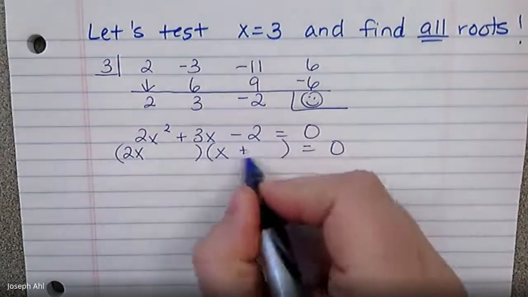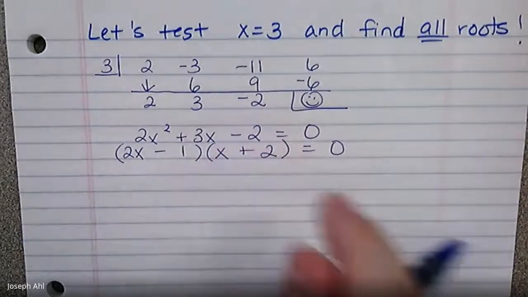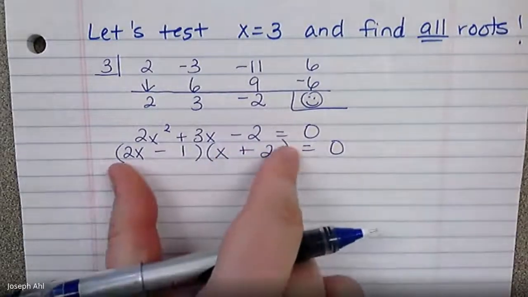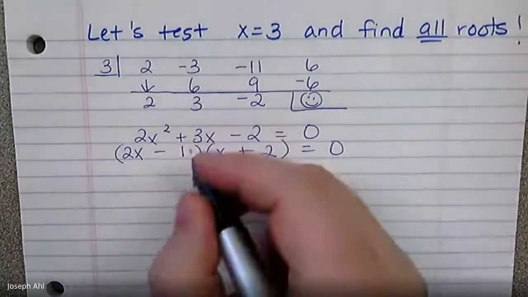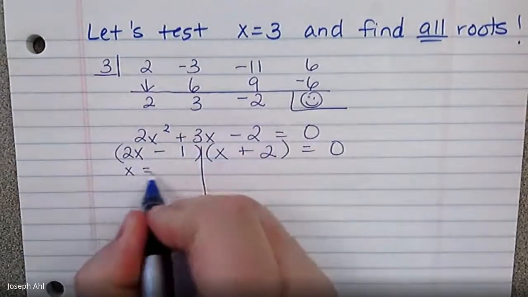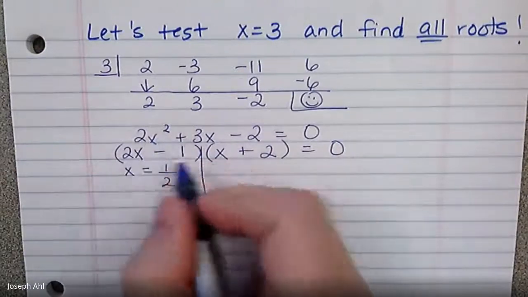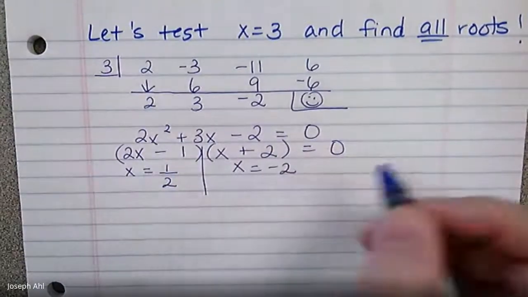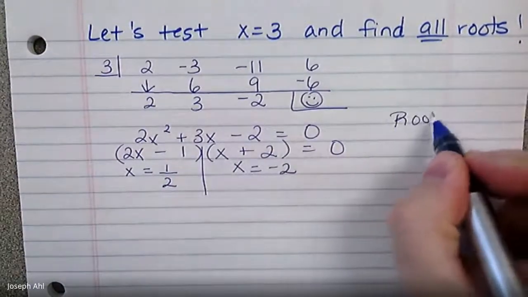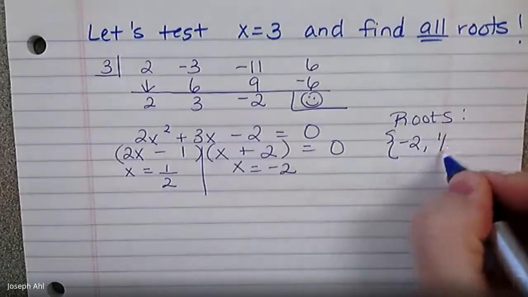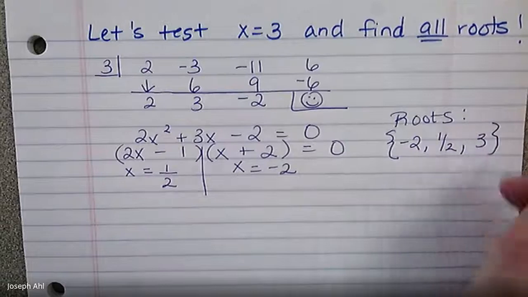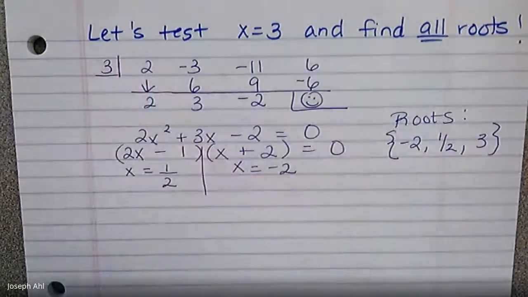If you put plus 2 with the x and minus 1 with the 2x, the outside is 4x, the inside is -1x for a total of 3x in the middle. So the other two roots would be x equals 1/2 if I set that to 0, and x equals -2. So my roots in the end are -2, 1/2, and 3, which I tested up here in synthetic division.